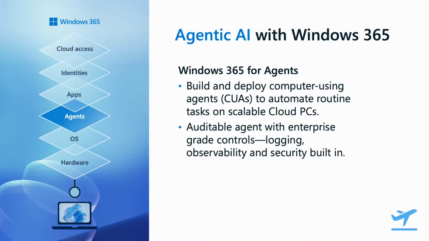So it's hopefully more manageable for you to learn the CUAs, but then know that you can run them on cloud PCs for them. And then just as part of the Windows 365 for Agents, as part of the Microsoft Agent platform, we're building the same enterprise-grade controls of logging, observability, and other security that's just built in.